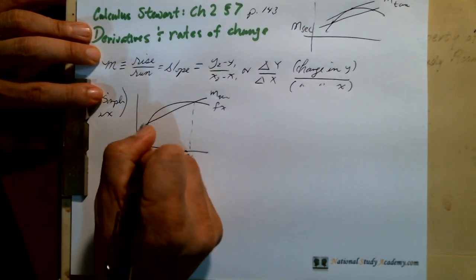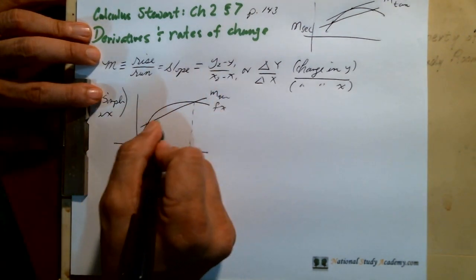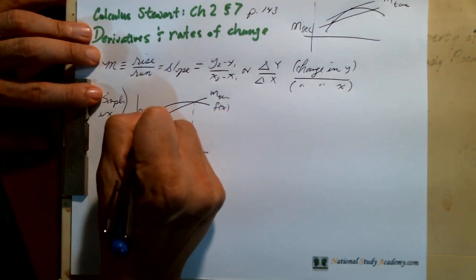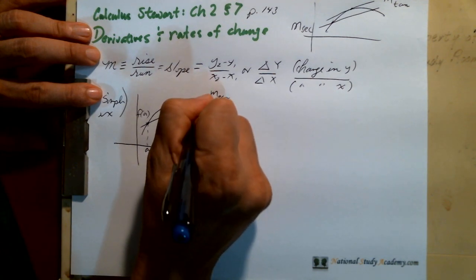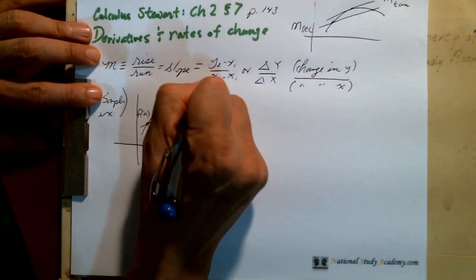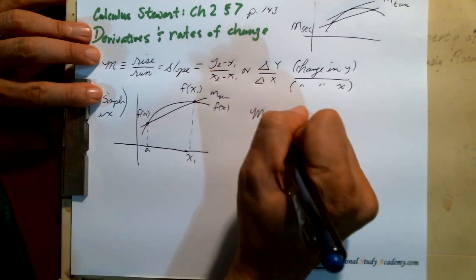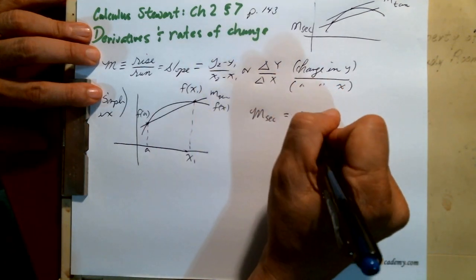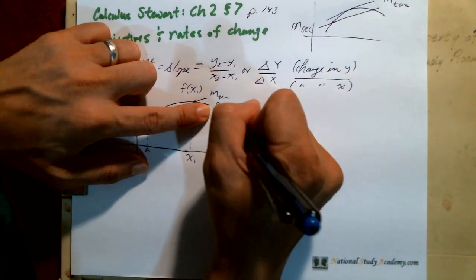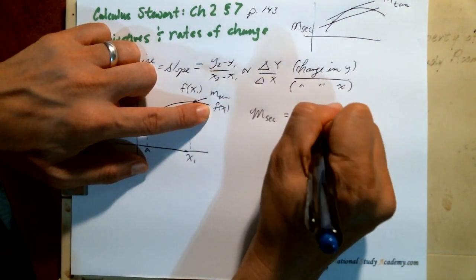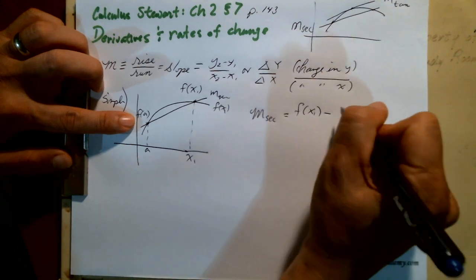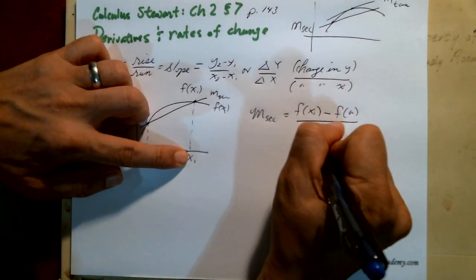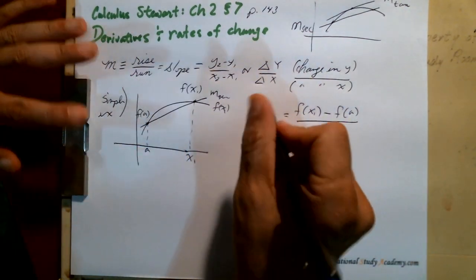So the y point is, according to this function, it will be f of a, and according to this function, it's going to be f of x1. So the slope, m secant slope, is defined as change in y, f of x1 minus f of a, all over x1 minus a. Okay, that's your secant slope.